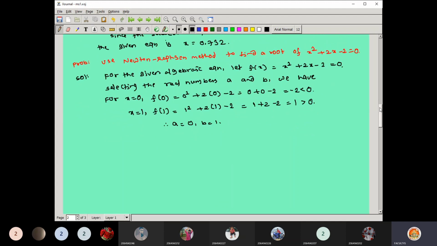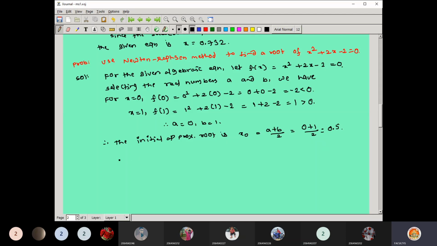So once you get those values, you find out the initial approximate root, x naught equal to (a plus b) divided by 2. So your a value 0, b value 1, divided by 2. Answer is 0.5. So the first one is over.